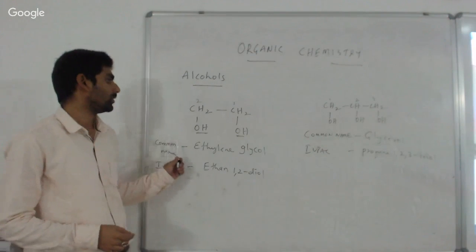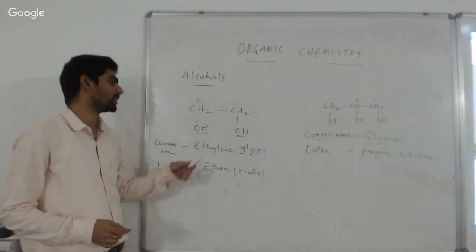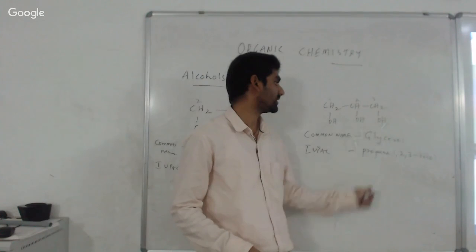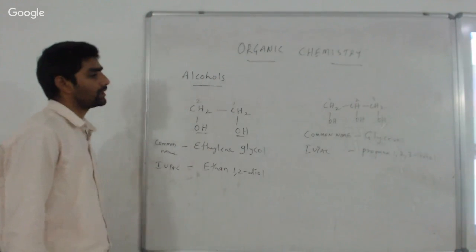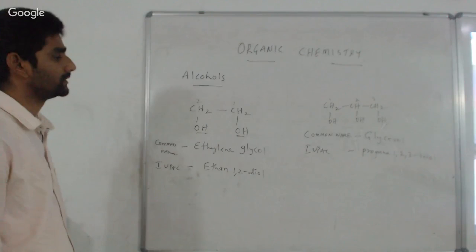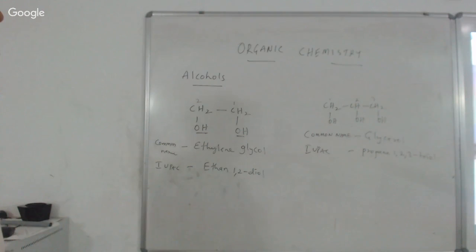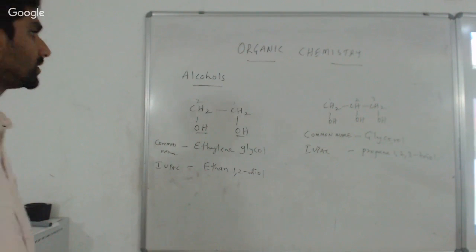Copy this: the 1,2-dihydroxy compound is ethylene glycol, and the 1,2,3-trihydroxy compound is called glycerol, propane-1,2,3-triol. Glycols, glycerol.